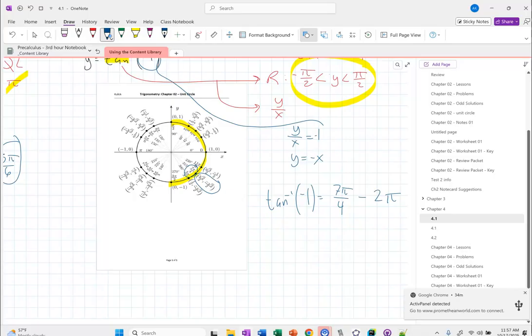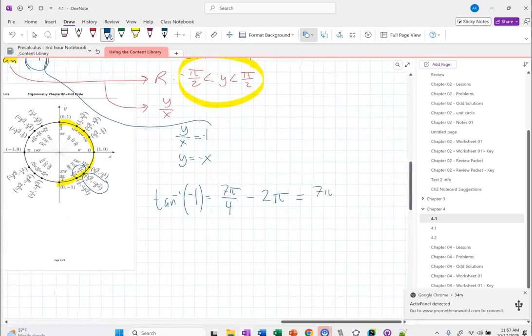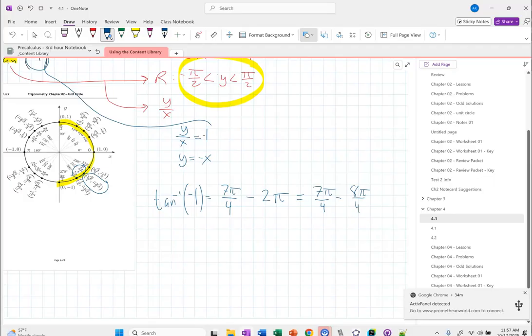So to do that subtraction, we make a common denominator again. What will the common denominator be? 4. So 2 pi turns into 8 pi over 4. And when I subtract 7 pi from 8 pi, I get -1 pi. So our real answer is -pi over 4.